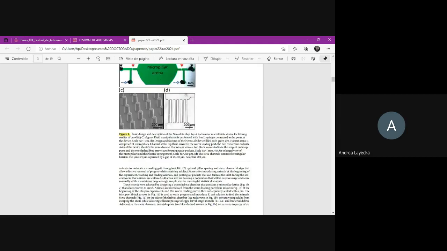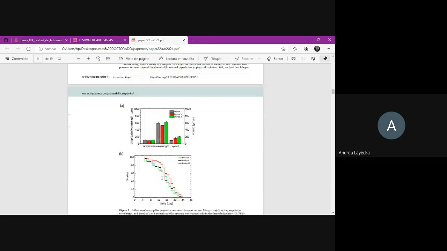That was similar in this device and in the tree device. However, the tracking speed was higher in device 3, which has less strict confinement, and the worms in this device have a locomotor gait that is more similar to that of worms crawling on agar plates.